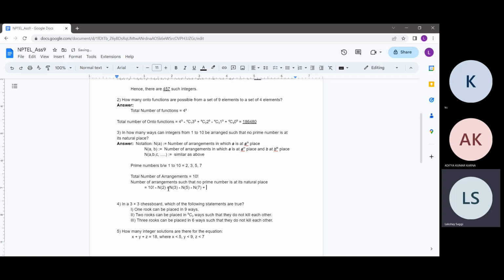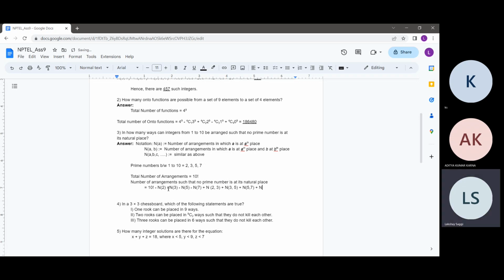And while subtracting these, I would have to add some terms back. So these will be n of 2, 3 plus n of 3, 5 plus n of... So maybe I can write it down explicitly for this first question, but for later questions I'll not write it down explicitly.